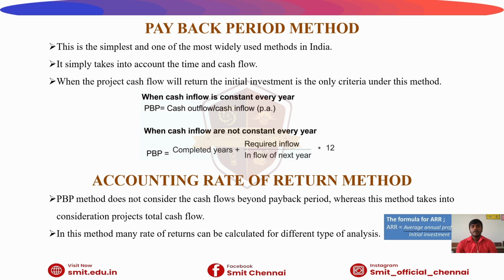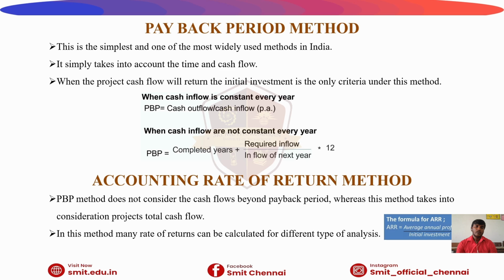Then the accounting rate of return, which is ARR. The accounting rate of return method differs from payback in that it considers the project's total profitability over its entire life, not just the payback period. For the payback period, we took 5 lakh, with 1 lakh per year meaning 5 years.